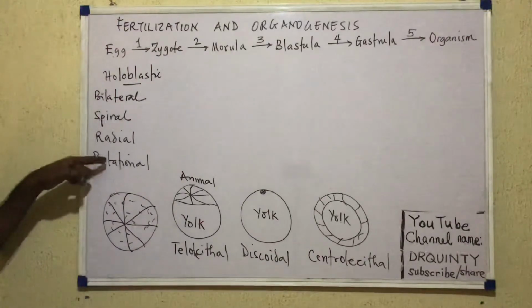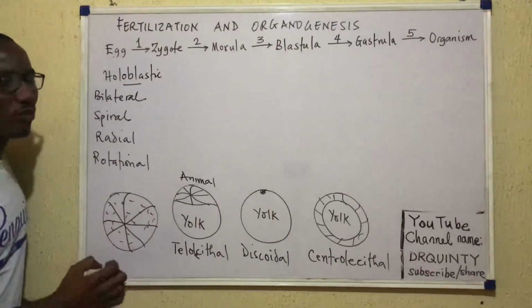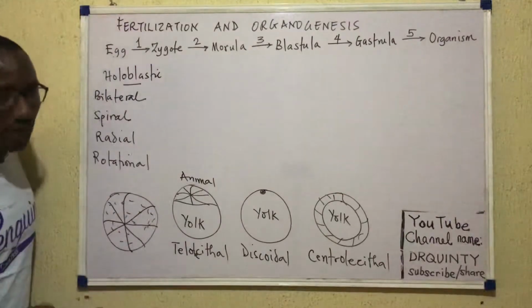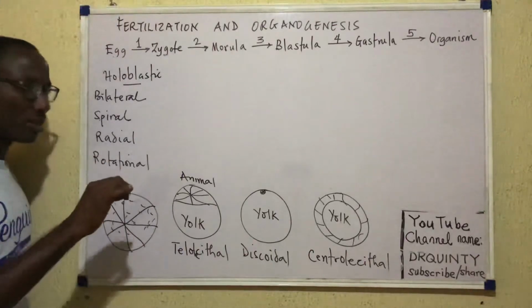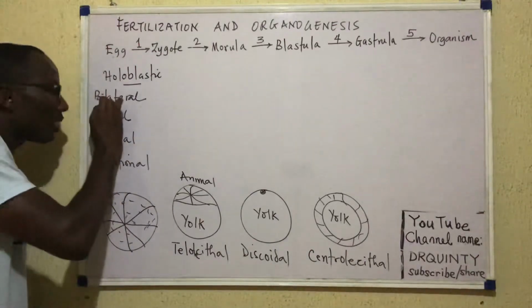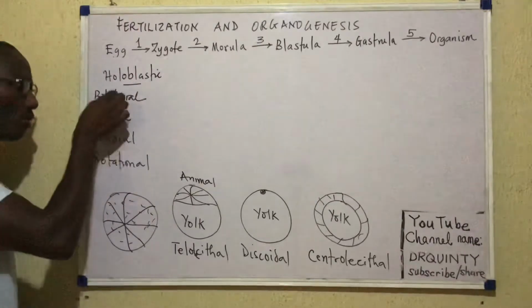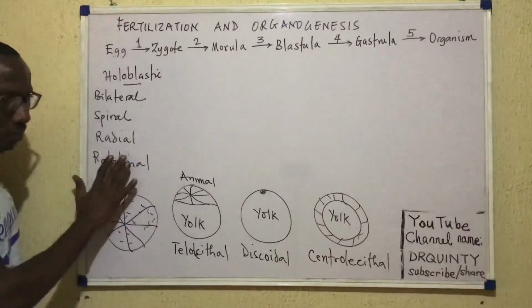They are patterns of holoblastic cleavage, which means we may say for a particular organism that the cleavage that occurs in it is holoblastic. But it's not just sufficient to say it is holoblastic. You may want to say it is bilateral holoblastic, or spiral holoblastic, or radial holoblastic, or rotational holoblastic. So holoblastic has four patterns.